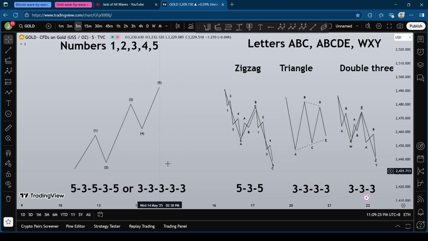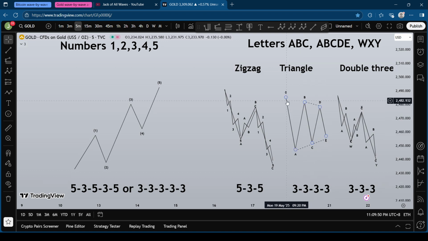Later, I'll focus on this motive wave, because I'll focus on that for the current count of gold and BTC. But for now, for the zigzag, the counting structure will be 5-3-5. For the triangle, it's 3-3-3-3-3.